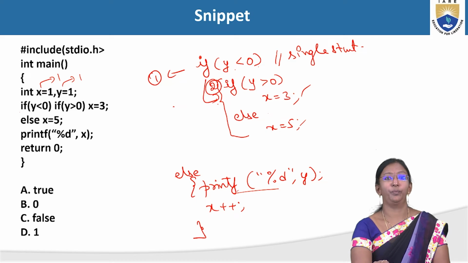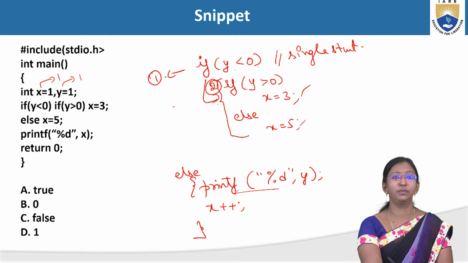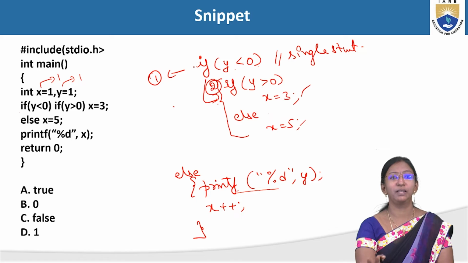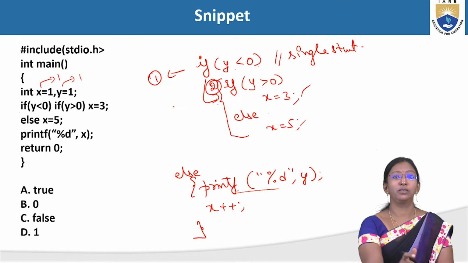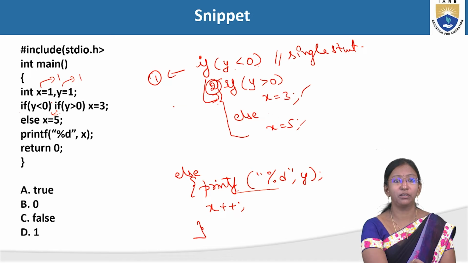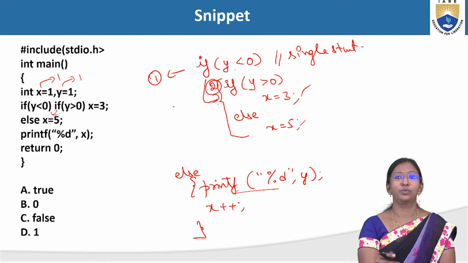So cumulatively we can say that the body of the first if, or the outer if statement, is a single if-else structure. That's why you can see that the second if is an integral part and parcel of the body of the outer if. Okay, so well and good.